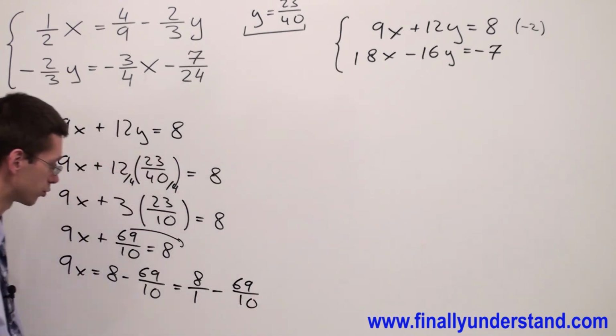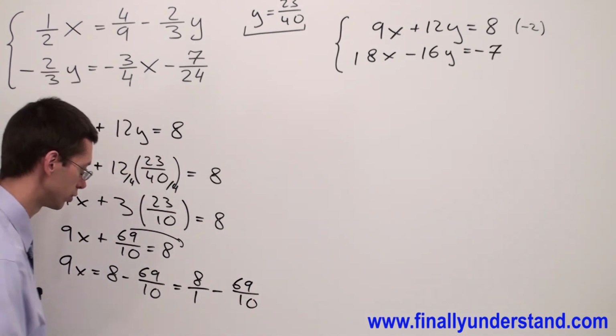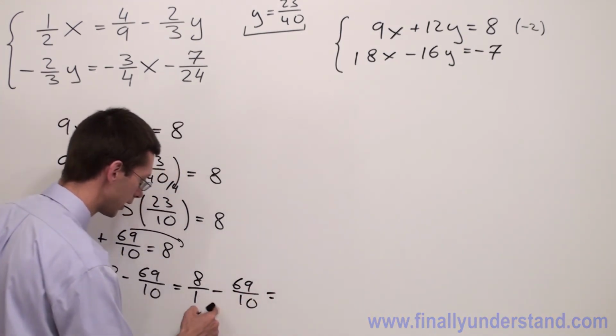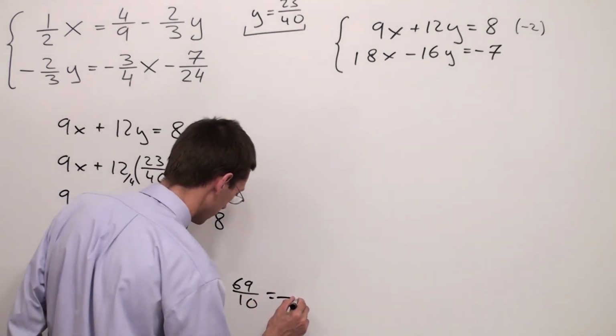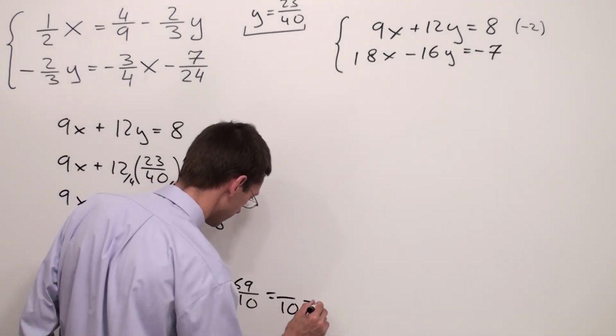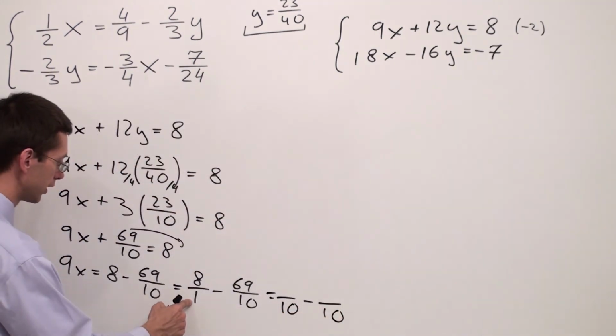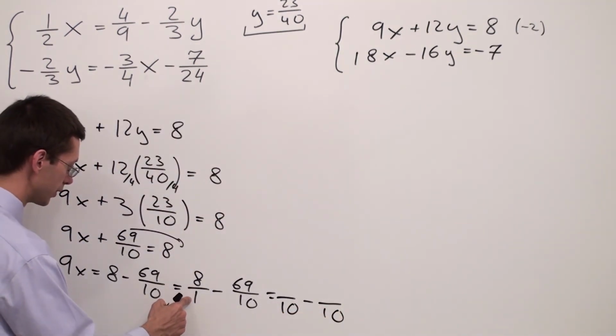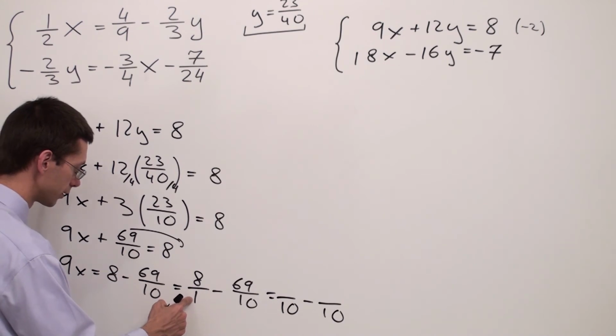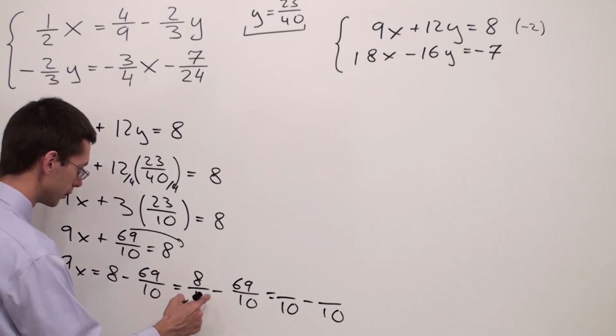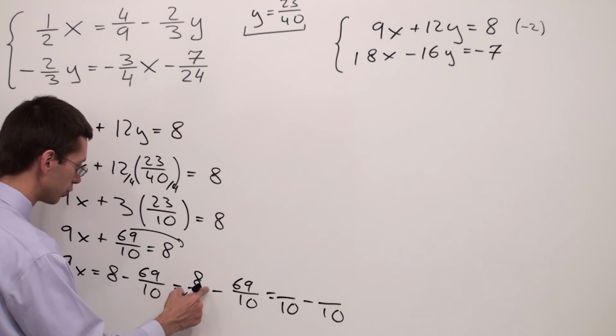In order to subtract fractions, we're supposed to find a common denominator. The common denominator for 1 and 10 is equal to 10. In order to get 10 in this denominator, we have to multiply 1 by 10. Whatever I did in the denominator, I have to do also in the numerator.